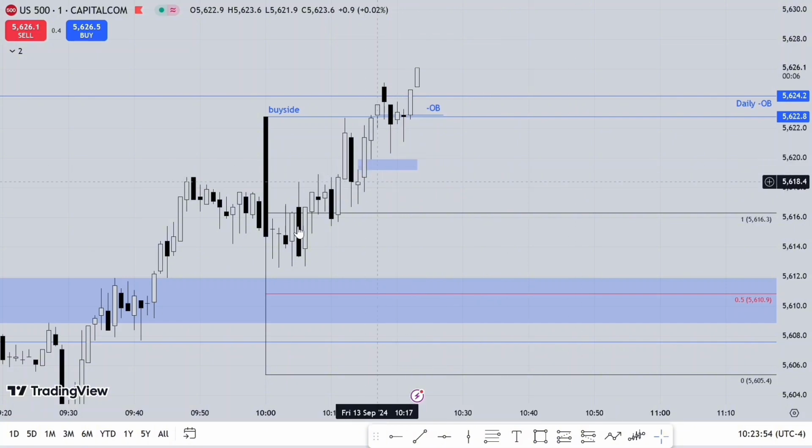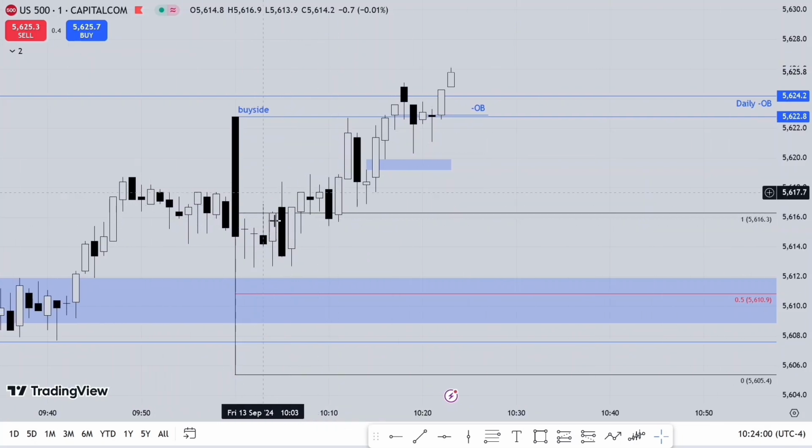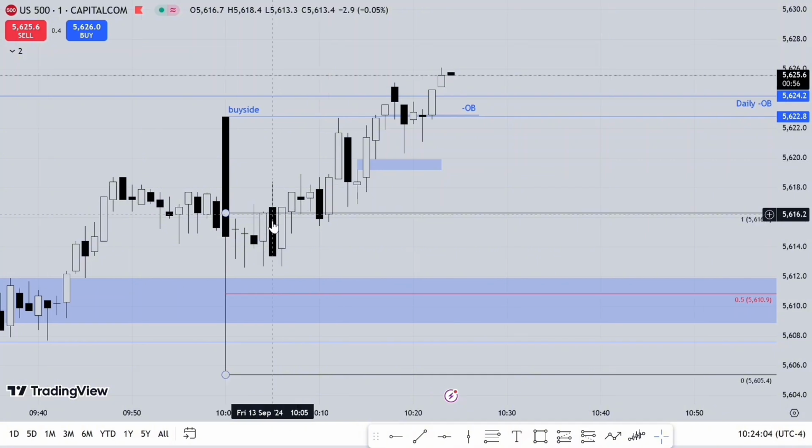Because this is where the last buys were, when the algorithm was pulling in buy orders. It was when price was dropping lower here. So when price was dropping lower here, there were buy orders being triggered inside of the market by the algorithm. This is not buy as in buying pressure. This is buy orders, the algorithm executing buy orders.